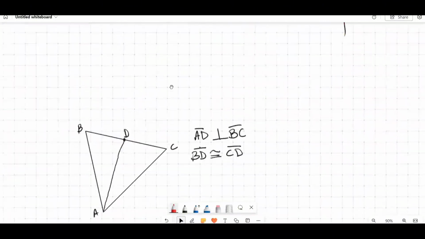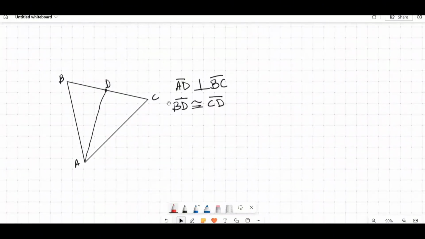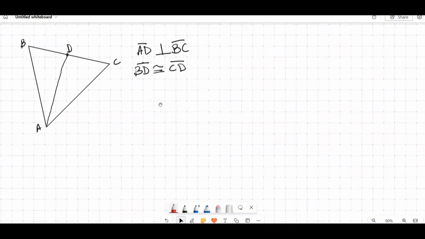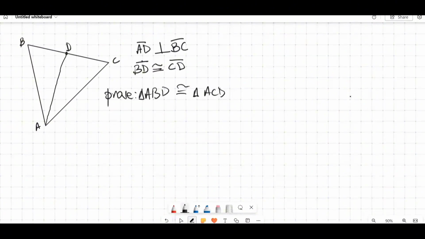Let's take a look at another problem. Here we have the second problem. We want to prove that triangle ABD is congruent to triangle ACD.